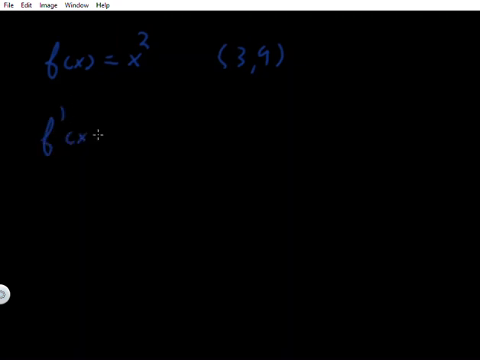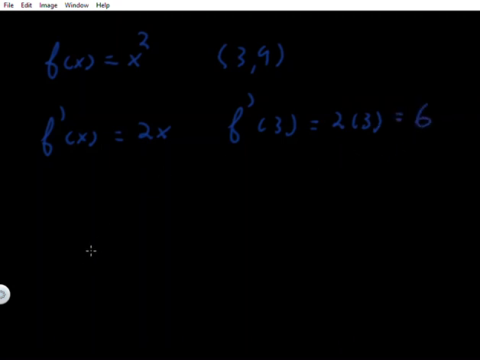f prime of x would of course be 2x. And if I want to find the slope at (3, 9), I'd have to find f prime of 3. So that would be 2 times 3, which gives us a slope of 6.